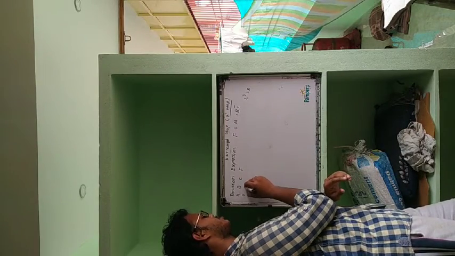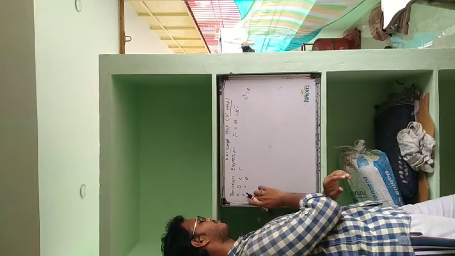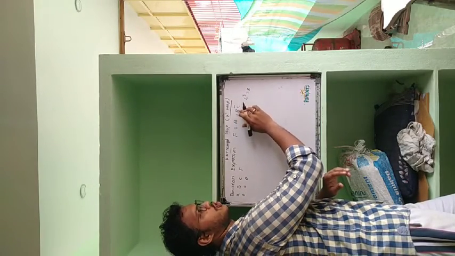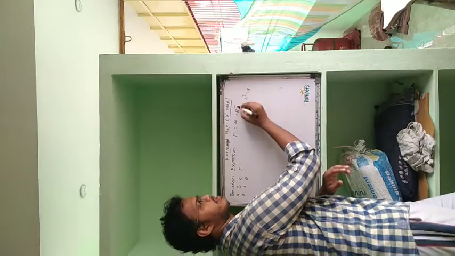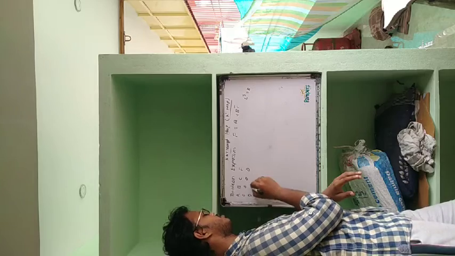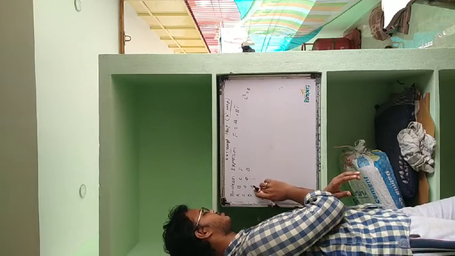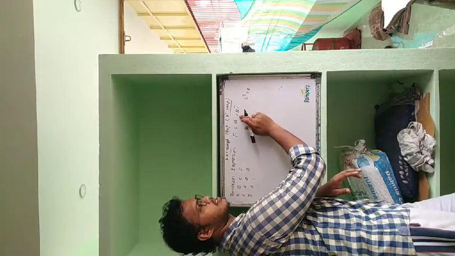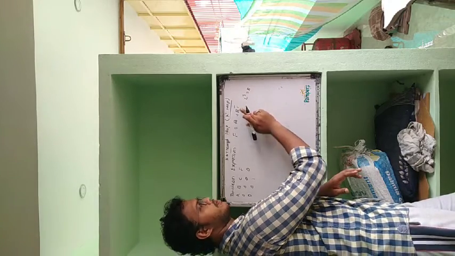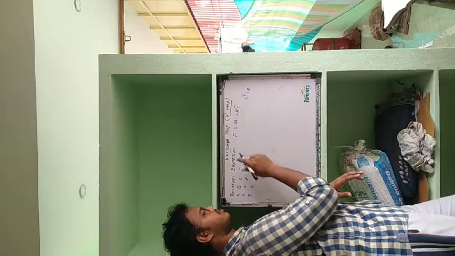So for 0 0 0: 0 plus 0 into 1, so it is 0 plus 0 multiplied by 0, and the outcome is 0.